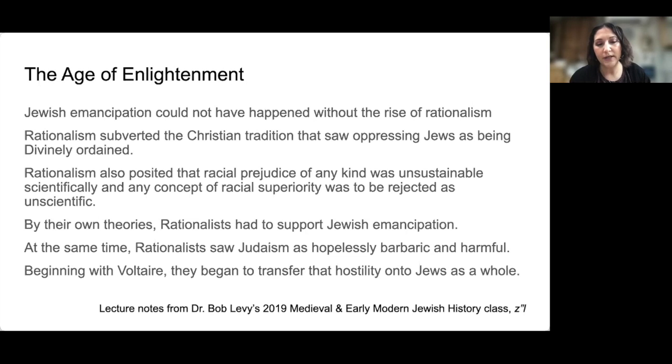By their own theories, rationalists had to support Jewish emancipation. At the same time, rationalists saw Judaism as hopelessly barbaric and harmful. Beginning with Voltaire, they began to transfer that hostility onto Jews as a whole.